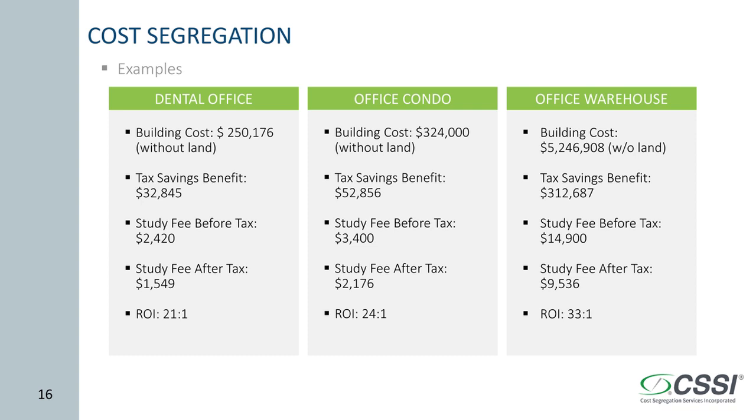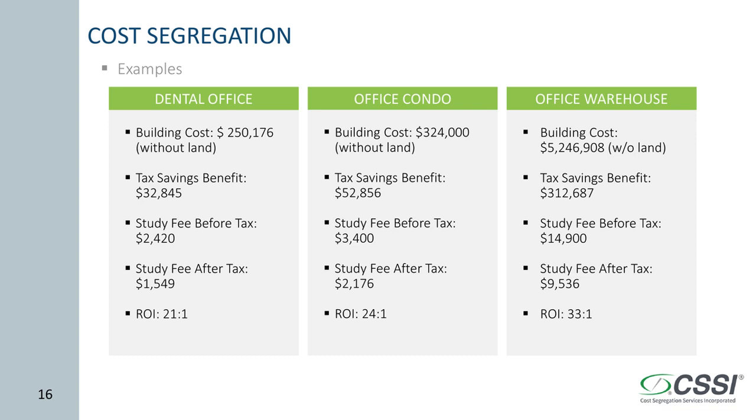That's additional depreciation generated by a cost segregation study. The study cost the dental office owner $2,420 before tax, but it's tax deductible as well. And so after tax, the study fee was $1,549, and that's a return on investment of 21 to 1.